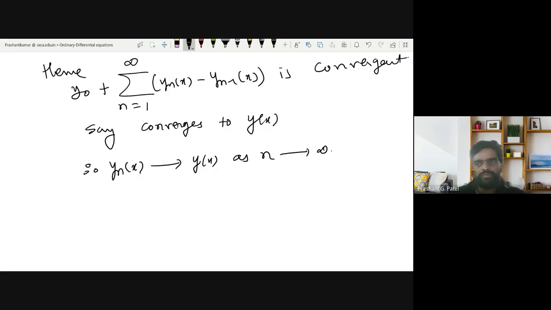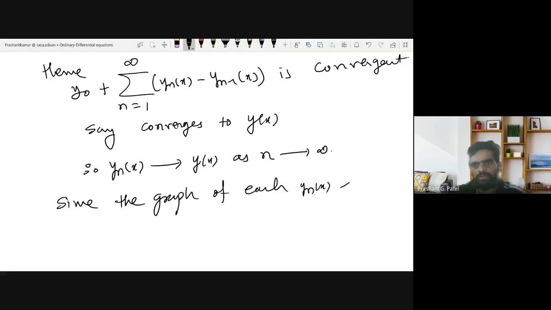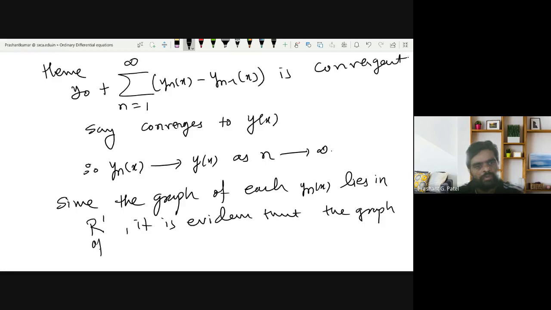Since the graph of each yn of x lies in R dash, it is evident that the graph of y of x also has this property.